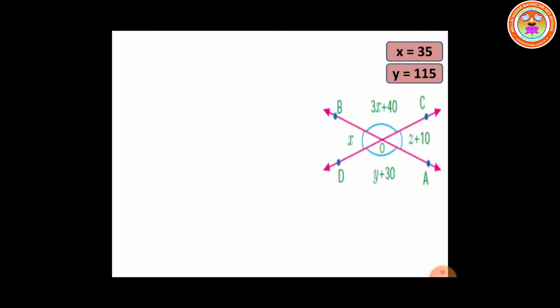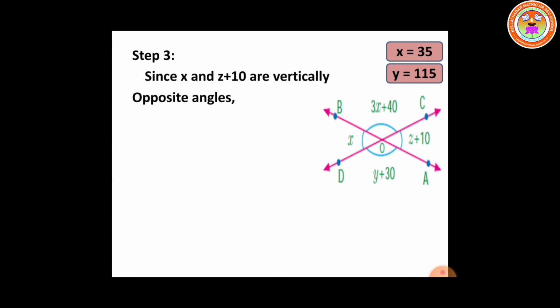Next, step 3. Since x and z plus 10 are vertically opposite angles, we know that vertically opposite angles are equal.